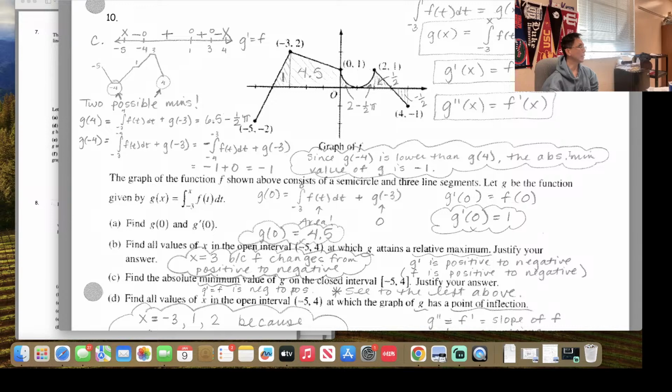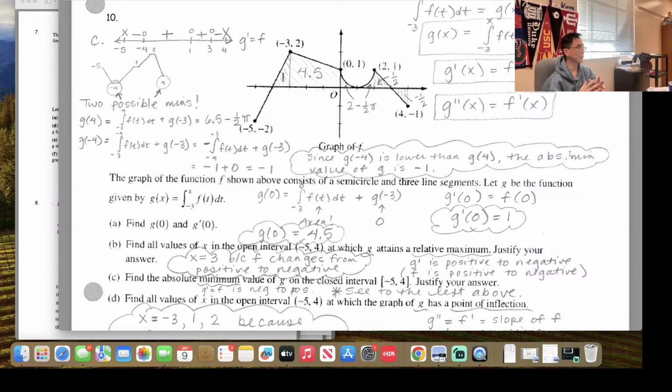Here Fiona and everybody is asking a question about part C. If they ask you for a minimum value, they do not have to say absolute. If the minimum value happens on the interval, then you have to check the endpoints. So you have to evaluate both the endpoints and the critical number. That's what you did before.